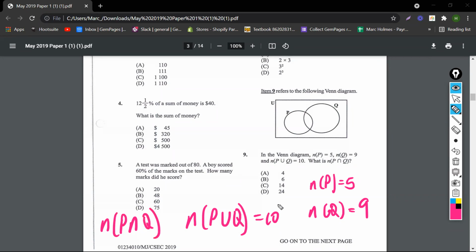This is an interesting question still. n of P is equal to 5, n of Q is equal to 9, n of P union Q is 10. So what is n of P intersect Q?